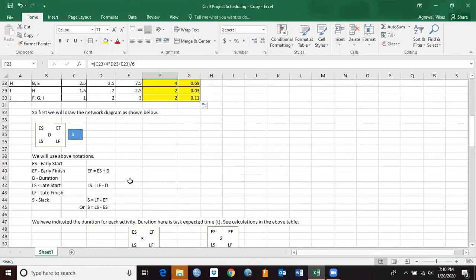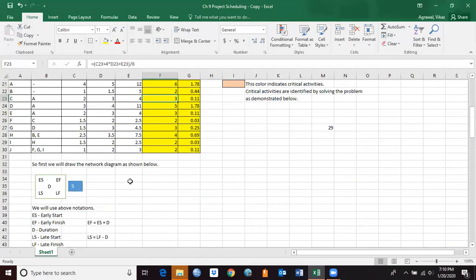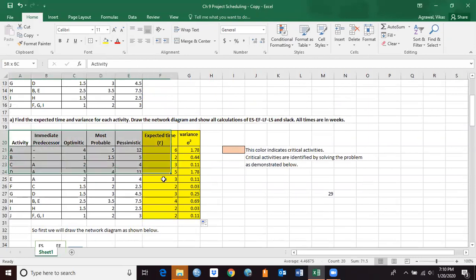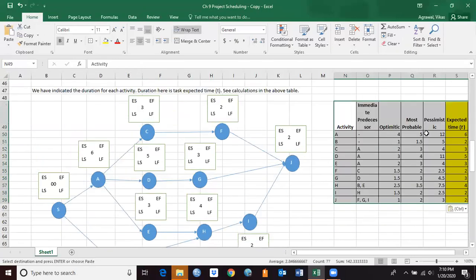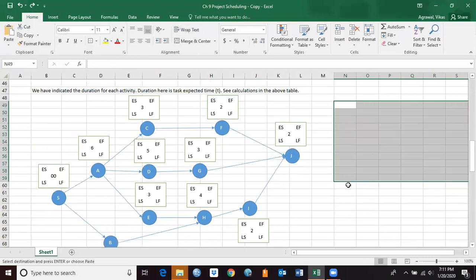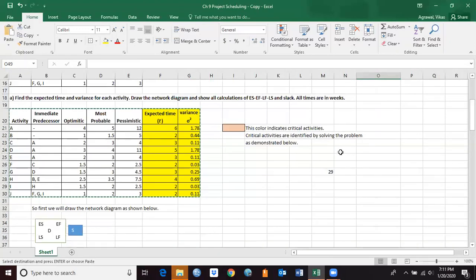So we're going to follow this notation. First thing first, we need to draw the network diagram. What I'm going to do here is simply copy this table because I'm going to need that. I'm going to put it here so that we have things side by side. Let's make it a little bigger here.